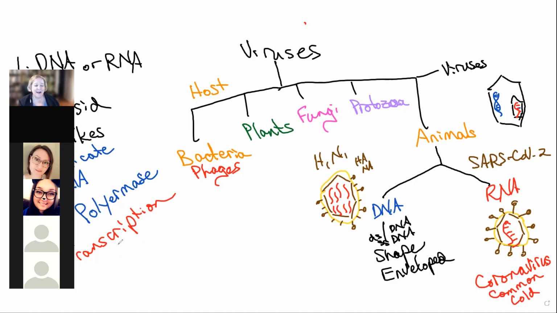If DNA polymerase makes DNA, what enzyme would make RNA from a DNA template? What enzyme transcribes DNA? RNA polymerase? Very good, RNA polymerase.